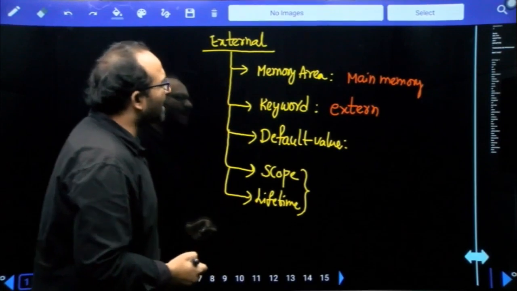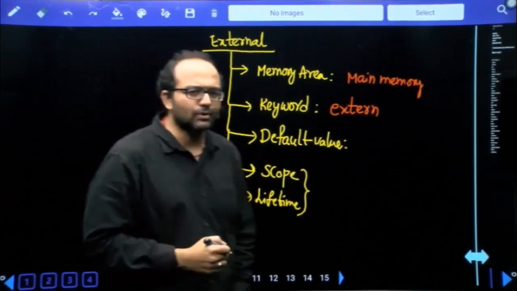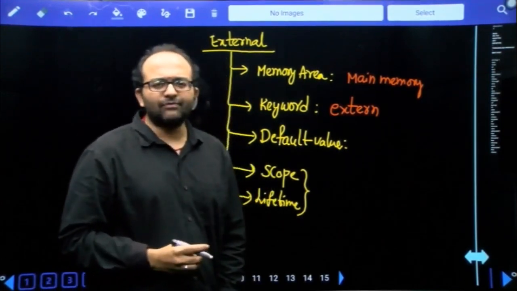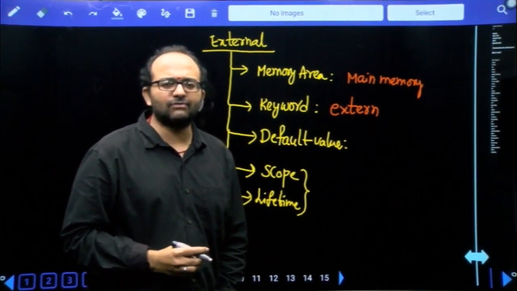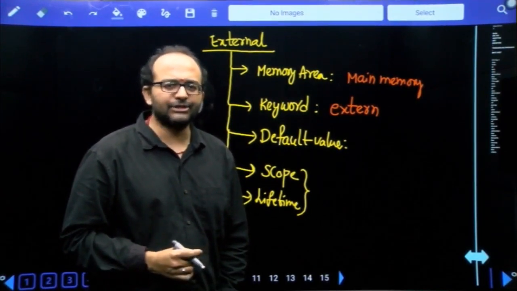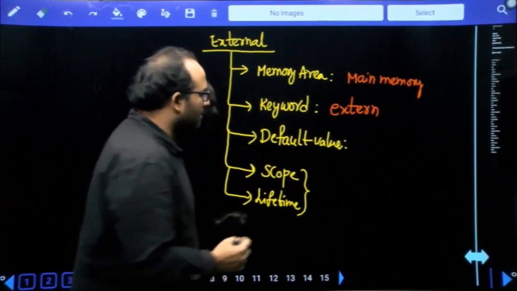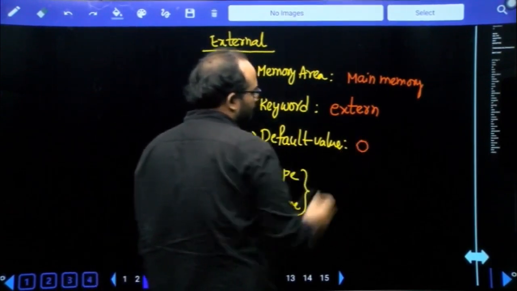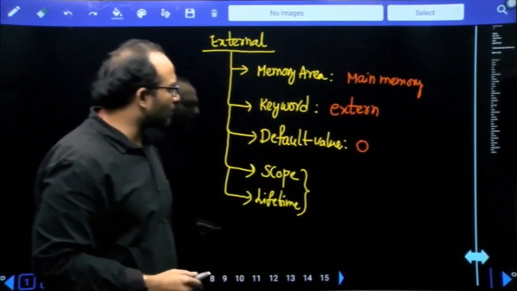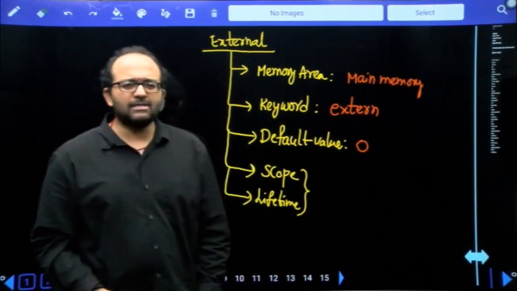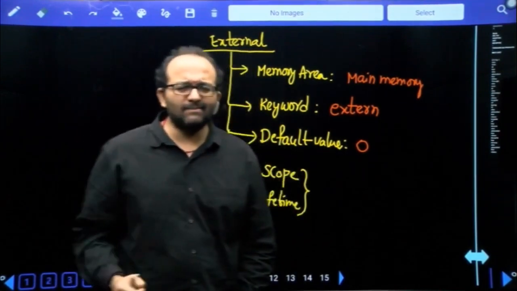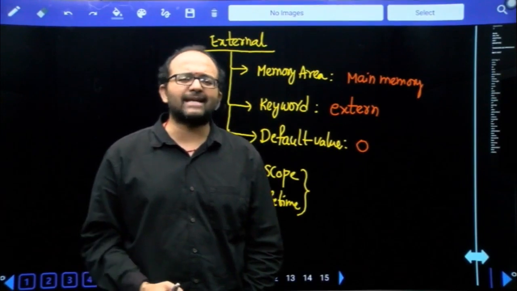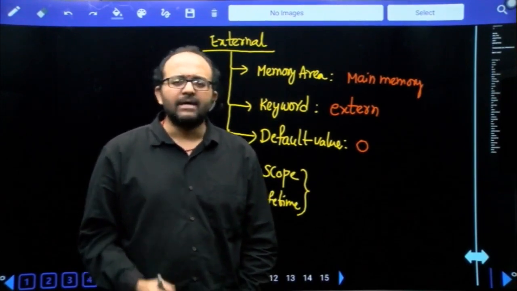Next, what is the default value of this external storage class? The default value of external storage class will be 0. Now what is the scope and what is the lifetime? Scope: these global variables or external storage class variables are accessible in the entire program.